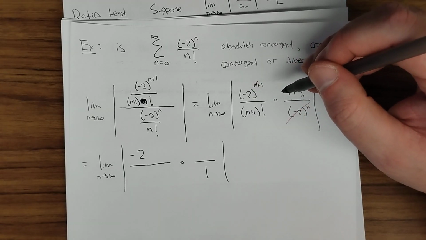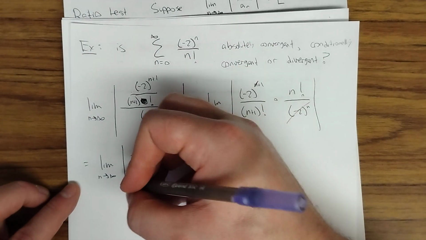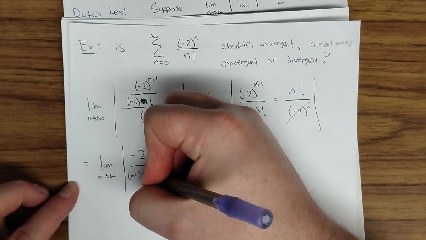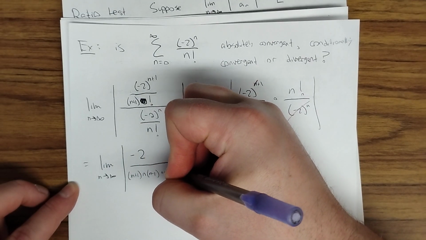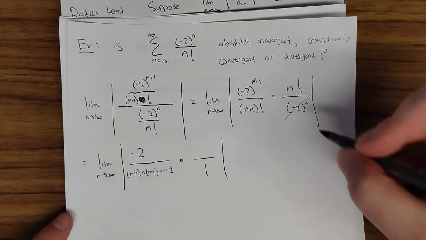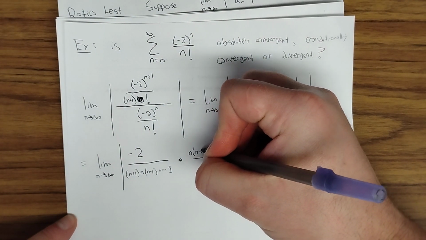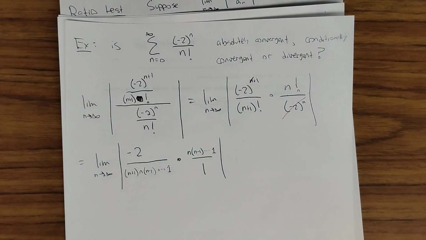Here's what I'll do. What is n plus 1 factorial? That's n plus 1 times n minus 1 all the way down until we hit 1. And then what is n factorial? That's n times n minus 1 all the way down until we hit 1.